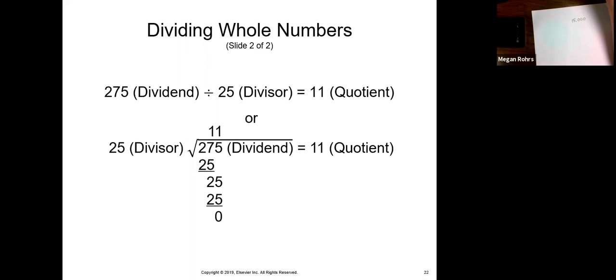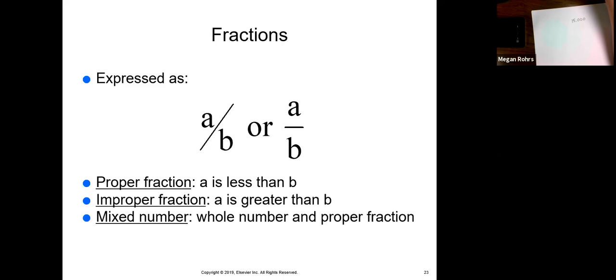I will be more than happy to walk you through how to do that. What I want to focus on in this video is fractions. Any of those simple calculations with a calculator that you are not comfortable with, see me, we can address that. So I wanted to start with fractions here.